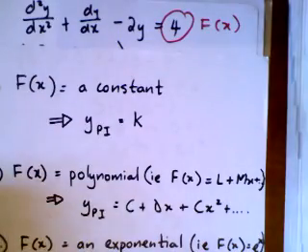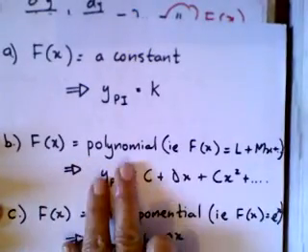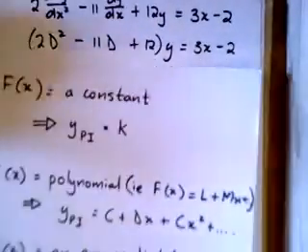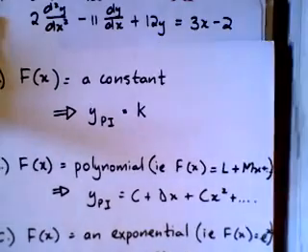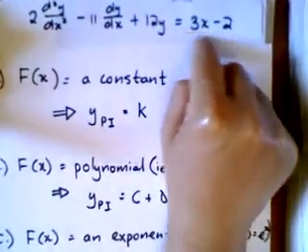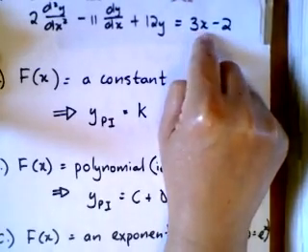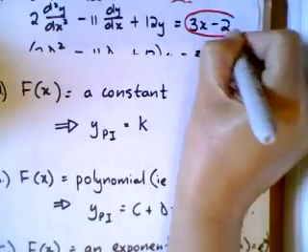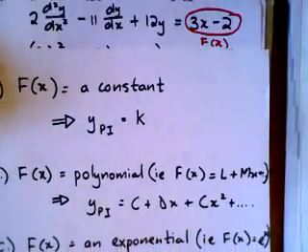The second case is where your function f(x) is equal to some polynomial function. So in the second example you had the differential equation here equal to a polynomial. In this case, the power of the polynomial was 1, so it was a linear value. So this here was f(x).